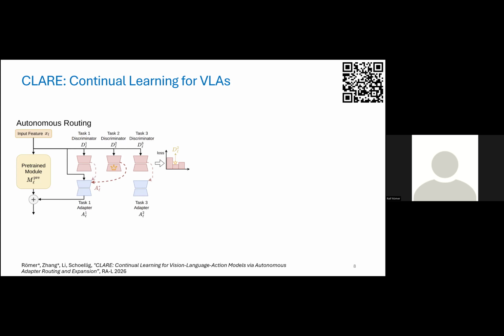Each of these discriminators produces a loss, and the discriminator which produces the lowest loss decides which adapter we should activate. In this case, the discriminator here is connected to the adapter from task 1. As its loss is the lowest, we would activate the adapter from task 1.